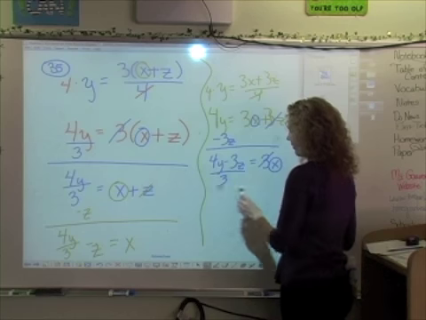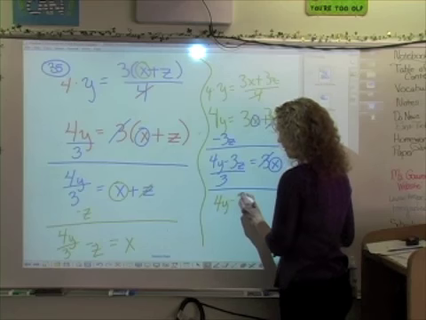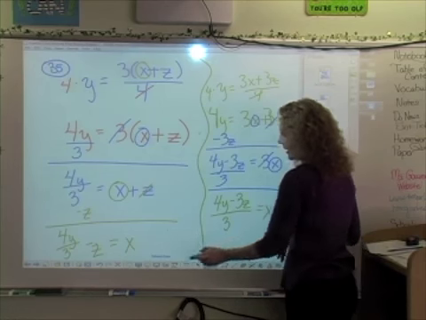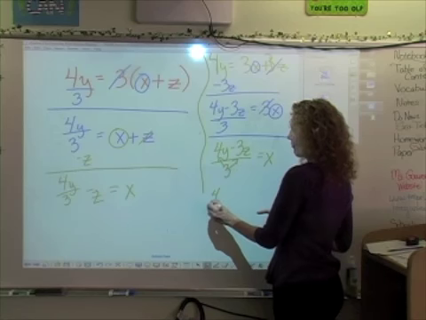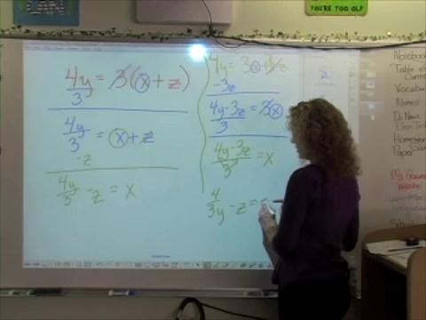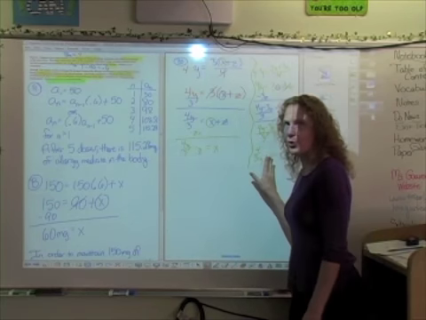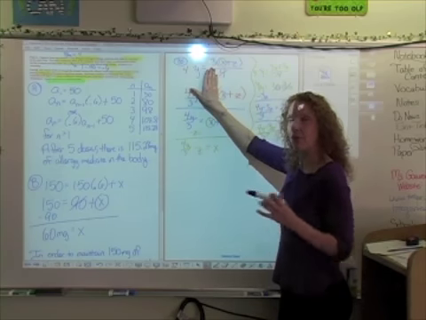Dividing by 3, 4y minus 3z divided by 3 equals x. At that point, you would distribute the 3 into both terms. 4/3 y minus 3 divided by 3 is 1, so it's a 1z. You see that you get the exact same answer, but why do all this work when you can just do this? Don't distribute if you're pushing stuff away.